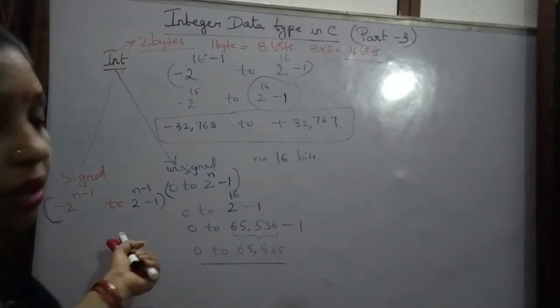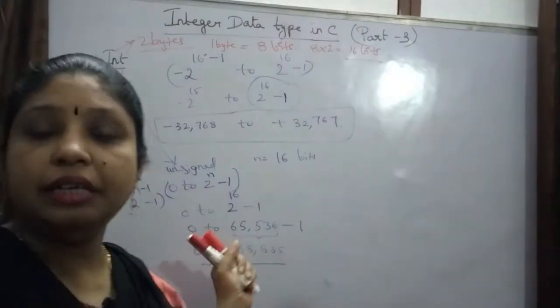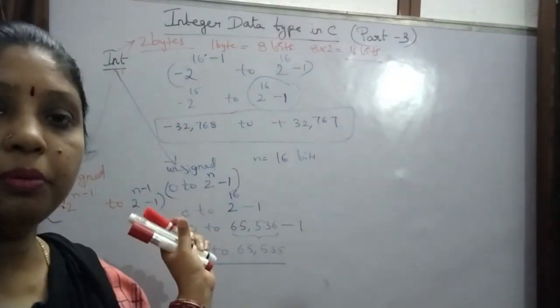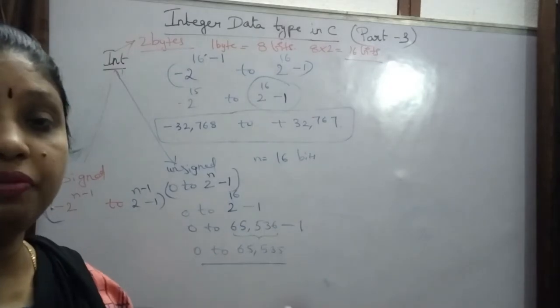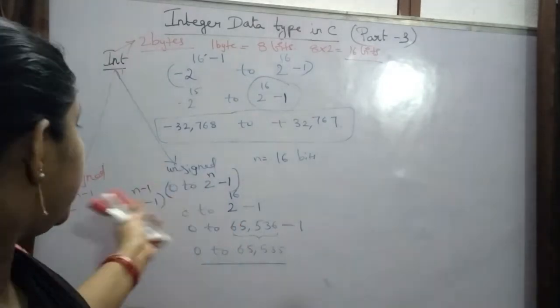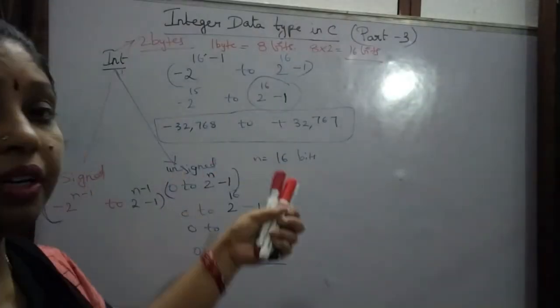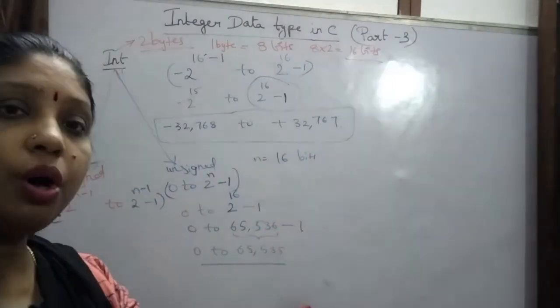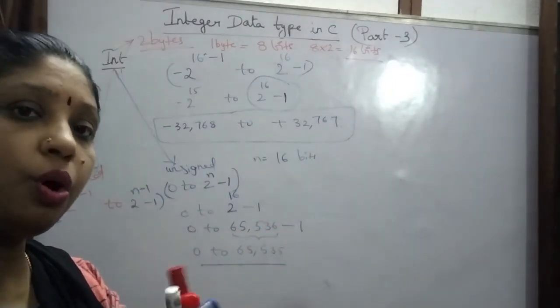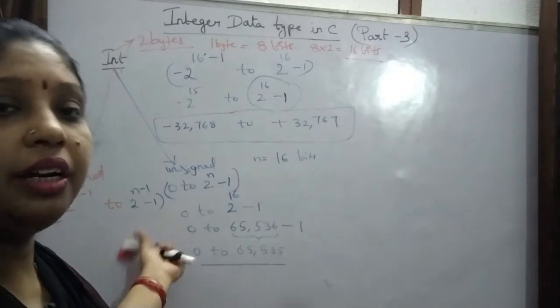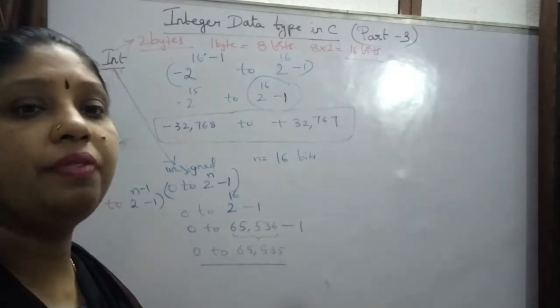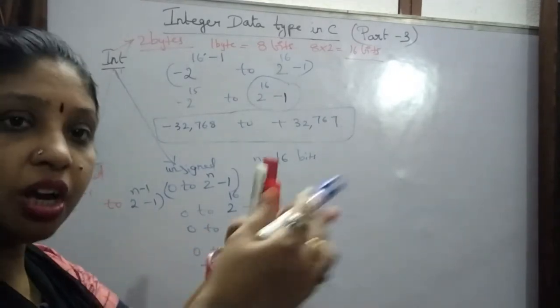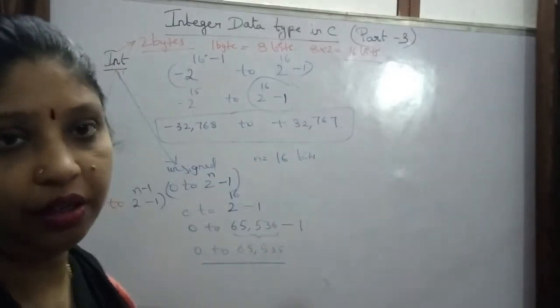So all this is about the integer data types. Next I am going to explain the classification of signed and unsigned for integer, short, double, float, all those things. The unsigned and signed range of values I am going to give. That chart I am going to display on the screen.